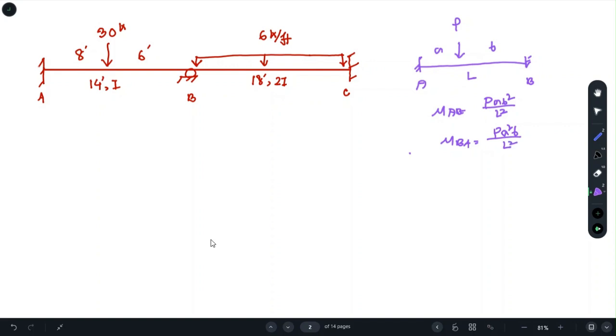So applying these formulas, we will get the moments at points A and B, in BA direction and AB direction.